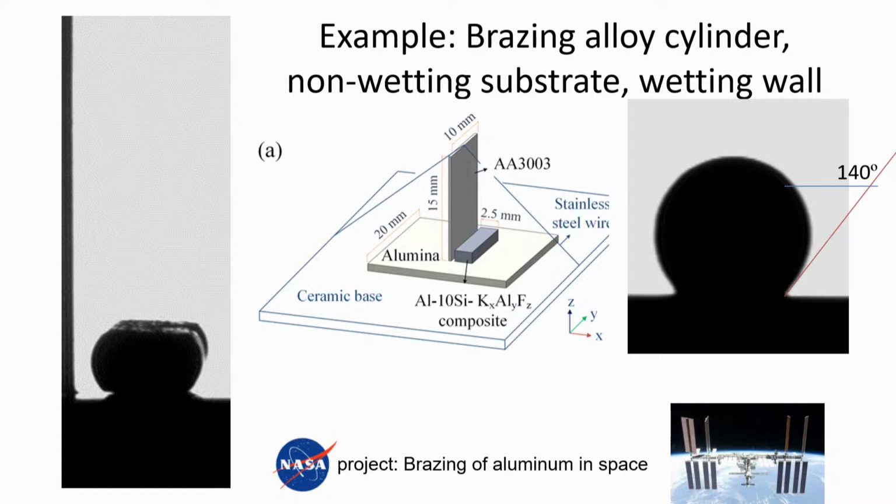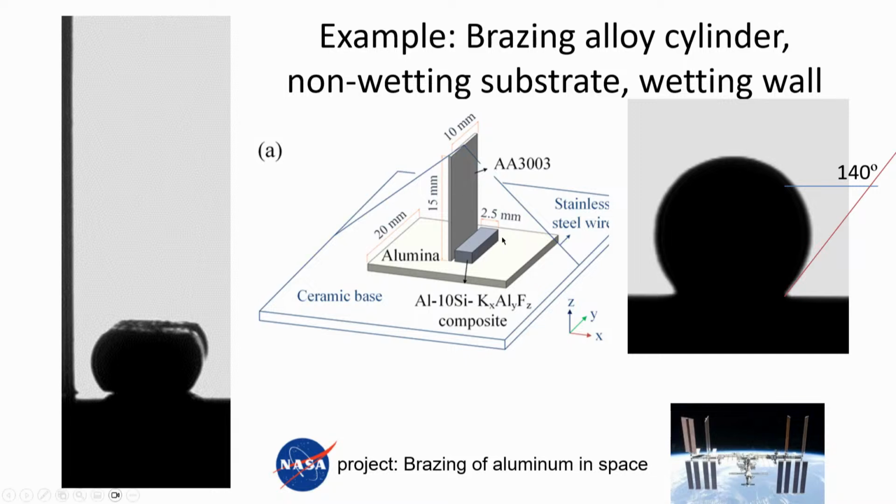So this is an example of brazing, right? Well, we are testing brazing liquid. We start with brazing alloy here. This is aluminum silicon brazing alloy with a few other things added. And this is aluminum alloy, and on the bottom we have alumina, that is aluminum oxide.